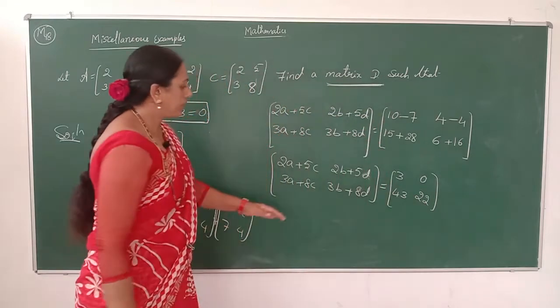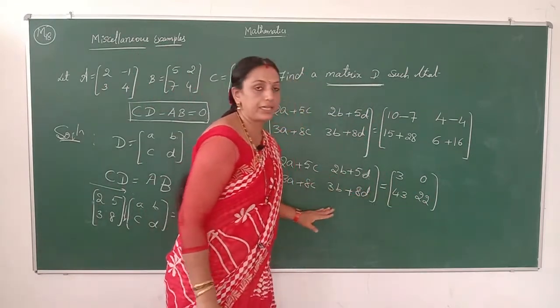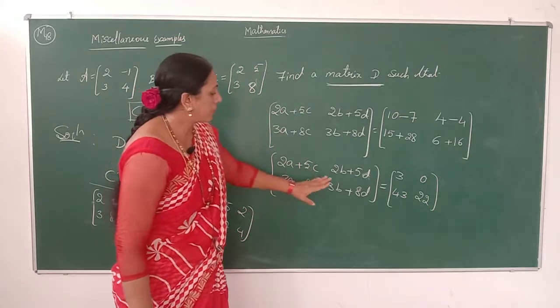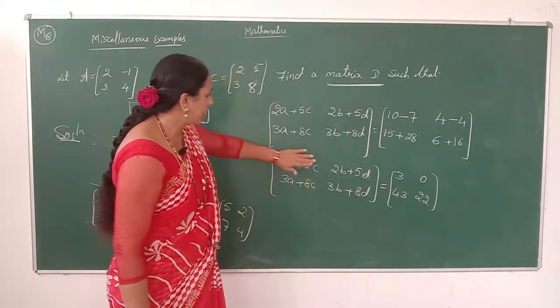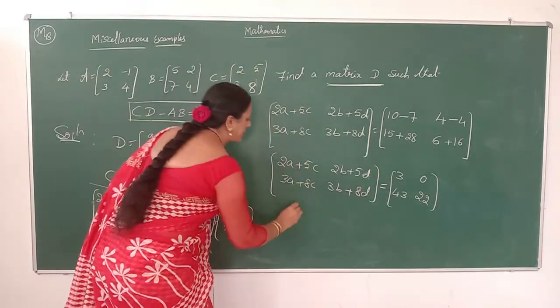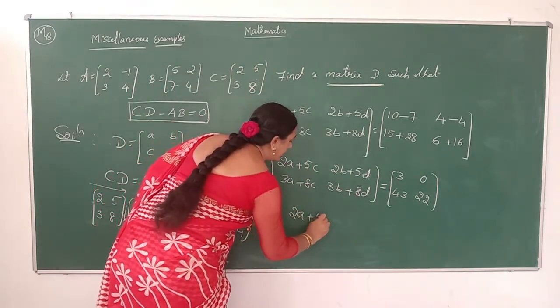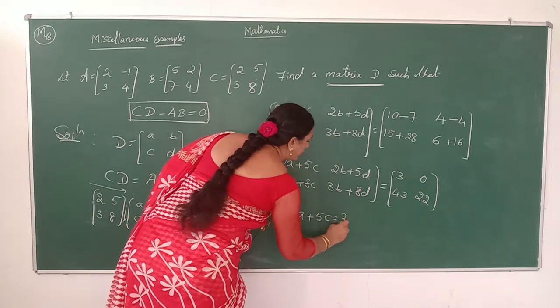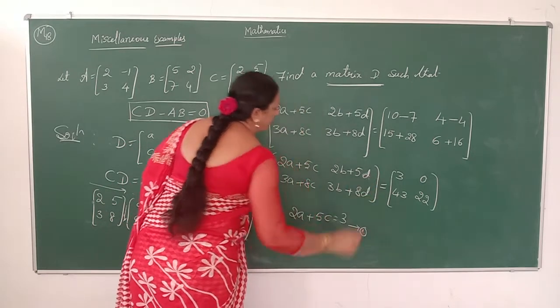So these two are in the form of equality of two matrices. Now how do we get equalities of two matrices? Corresponding elements are directly equated with each other. Therefore the first elements: 2A plus 5C is equal to 3. That is equation 1.